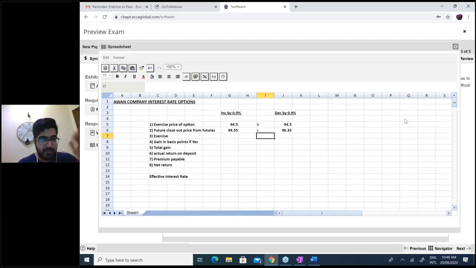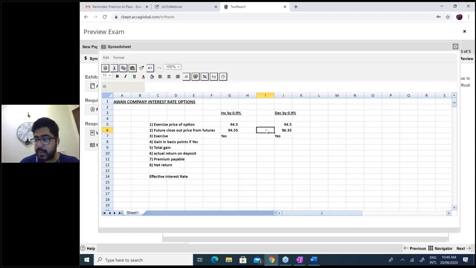Buy for less and sell for more. Exercise, yes, we are getting gain. But here, on the right side, buy now at 94.5 and sell later for 96.35, at a higher price. Again, yes. So in both cases, yes. No need to write buy now, sell later now.